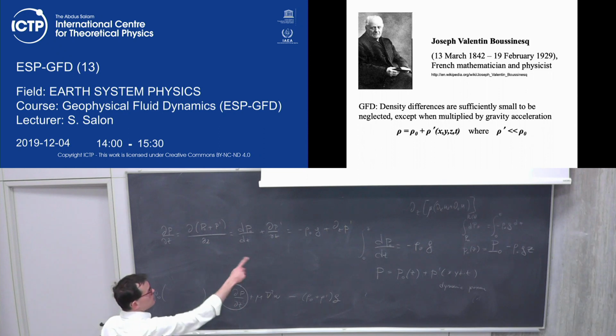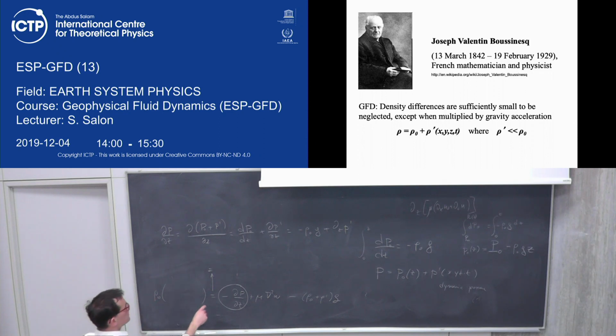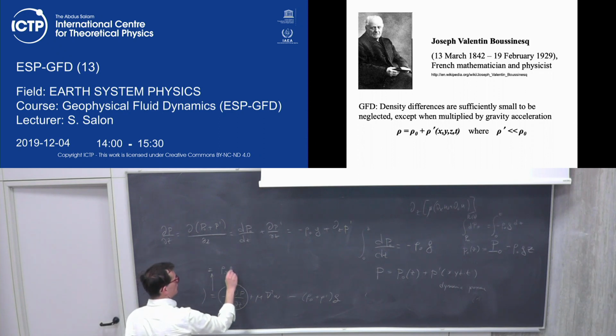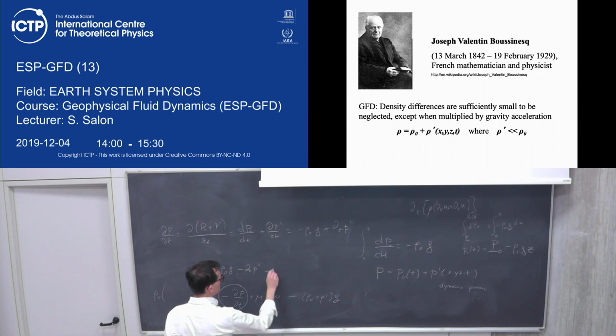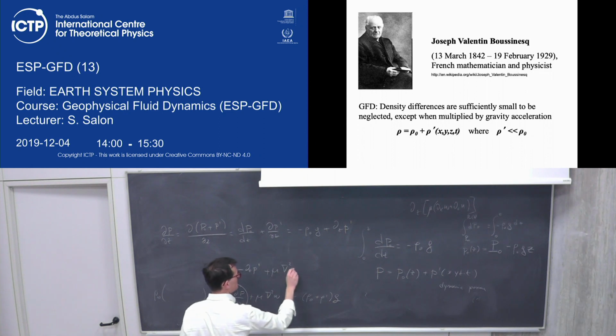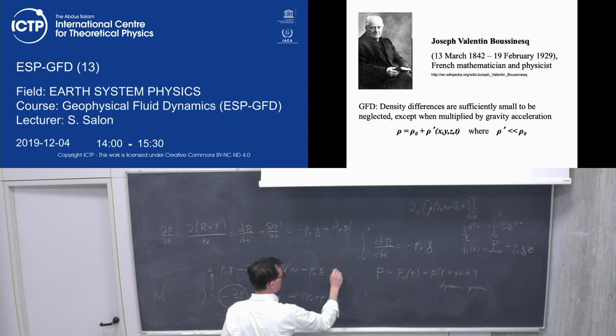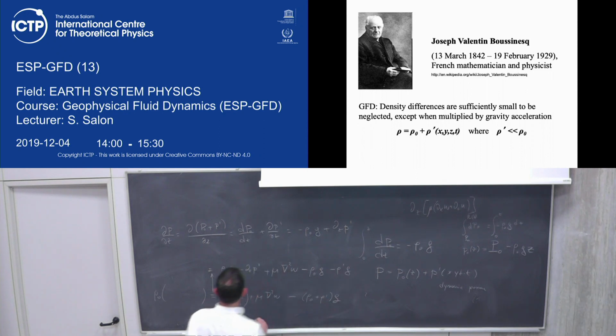So now I can put everything inside. So I have a minus here, so I will have rho 0 g minus dz p prime, then I will have this one, and then I will have minus rho 0 g minus rho prime g.